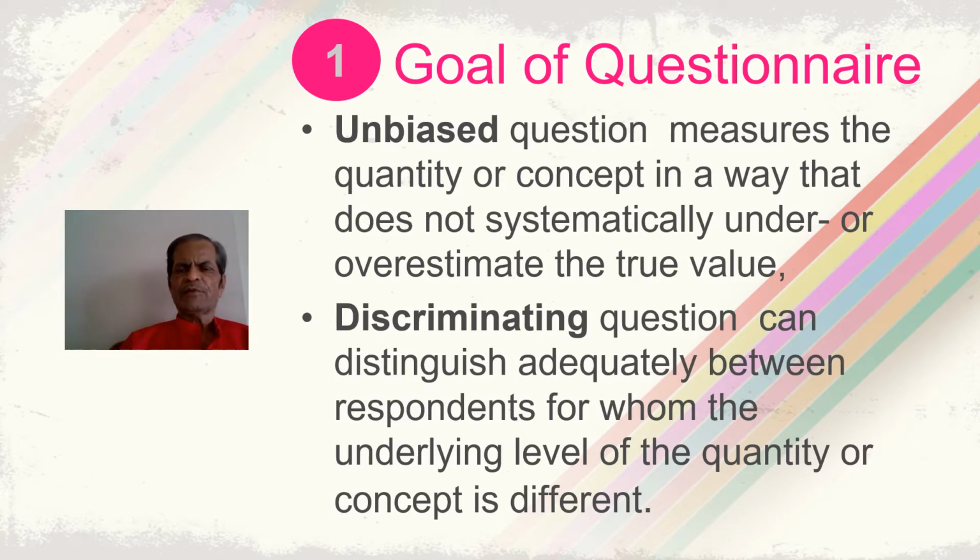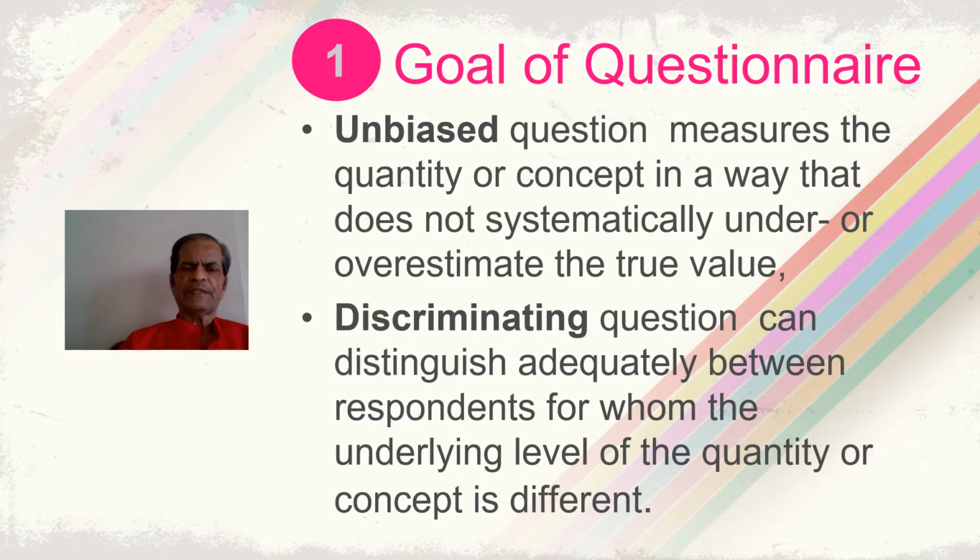The discriminating question can distinguish adequately between the respondents for whom the underlying level of the quantity of the concept is present. For example, for the questions administered in an examination to the students, it is expected that the questions in a question paper should discriminate between a good and an average student.